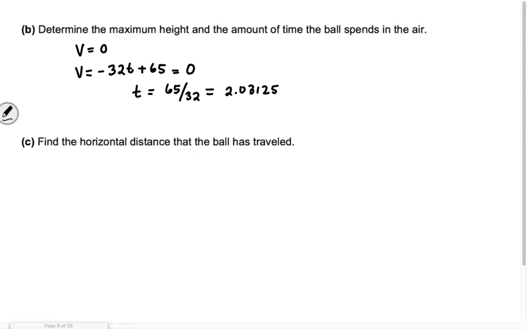So now it says the amount of time the ball spends in the air. So we need to figure out when it hits the ground, right? Wait, I thought that t is the amount of time. Oh, I haven't found the maximum height yet, have I? So I need to find the position at 2.03125.